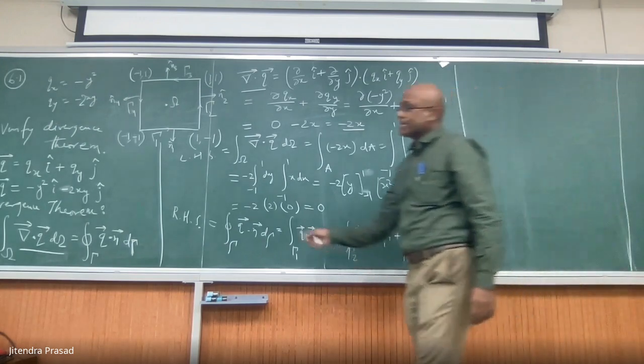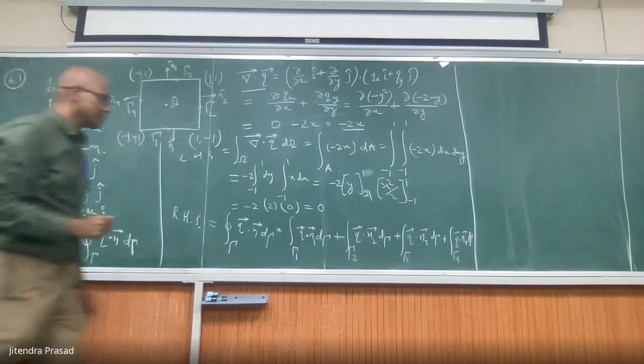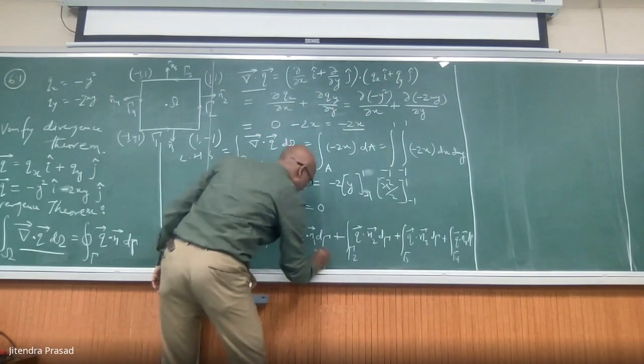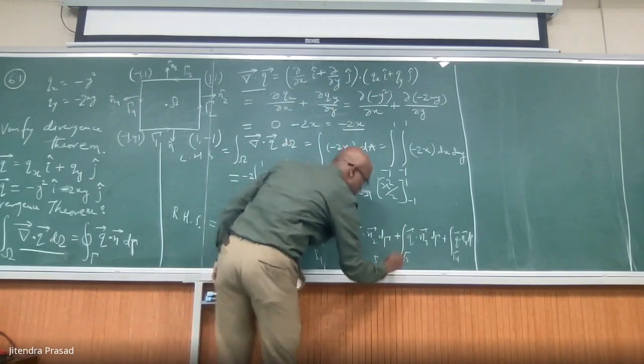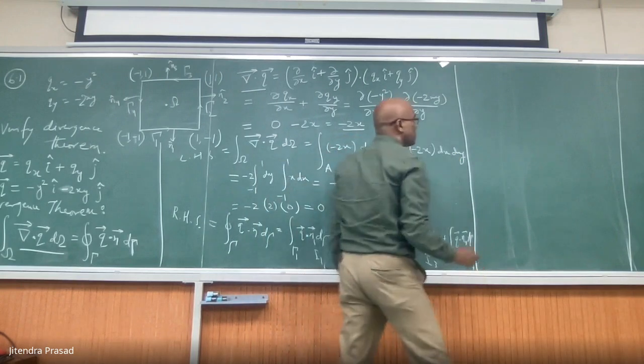There are four boundaries, and hence we have to look at all those four boundaries. So we start with one. Let's call them I1, I2, I3, and I4. We can find out the values.